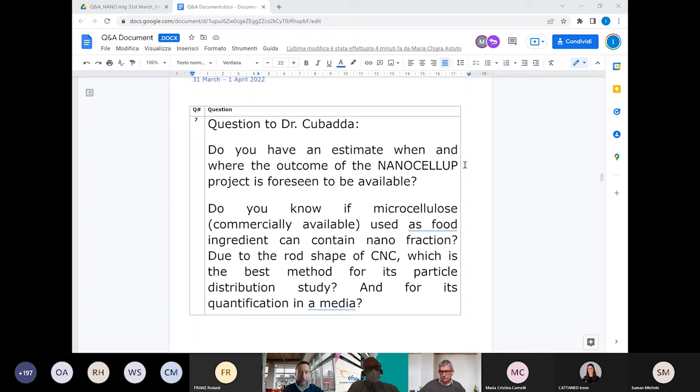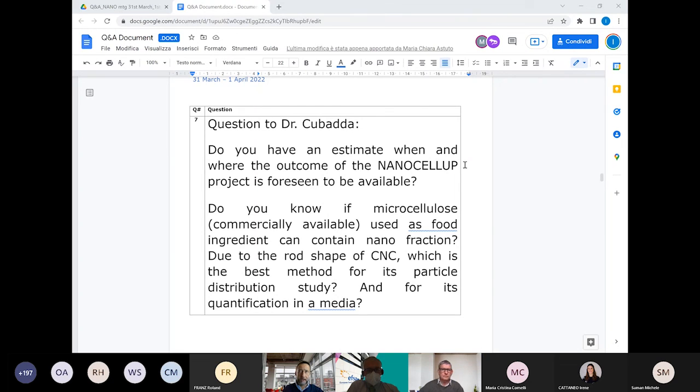So we will ensure results are shared in a way also to underpin further use of NAMs in food nanotoxicology area.